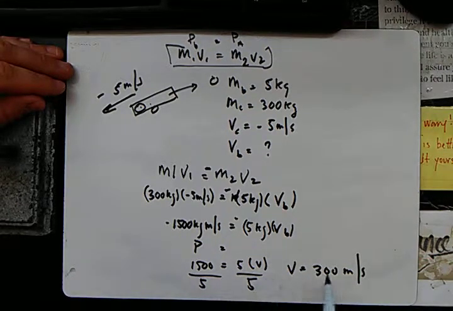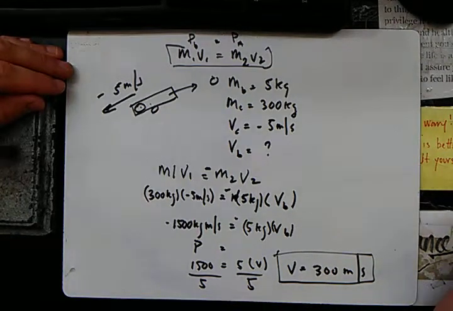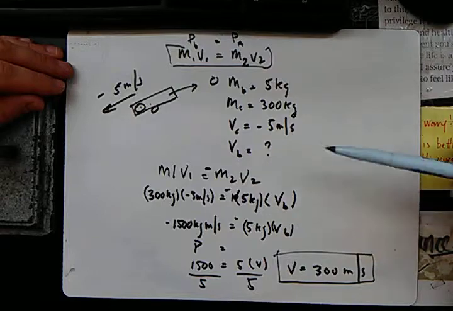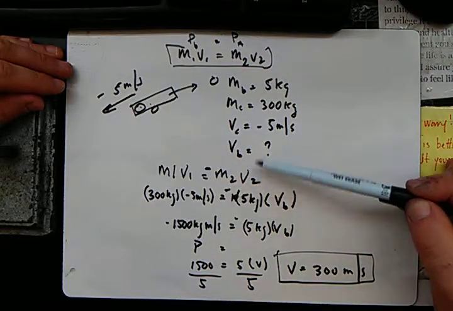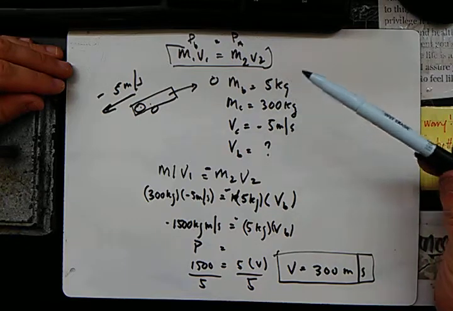I divided that out, and I found out that the velocity of the ball is 300 meters per second. We'll do one more just to solidify this for you. You might want to pause this and write this down: M1 V1 is equal to the negative of M2 V2. Momentum is conserved.